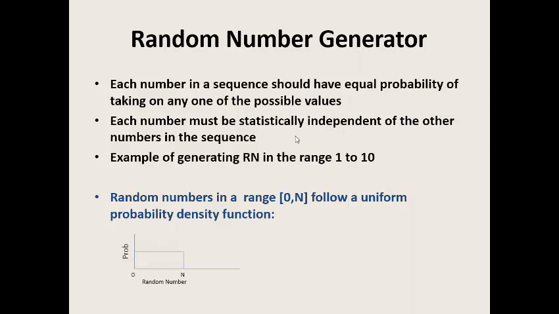The cycle of the random number generator must be long enough so that it's longer than the computation time for performing the Monte Carlo simulation, which means that the cycle should not repeat itself during the Monte Carlo simulation.